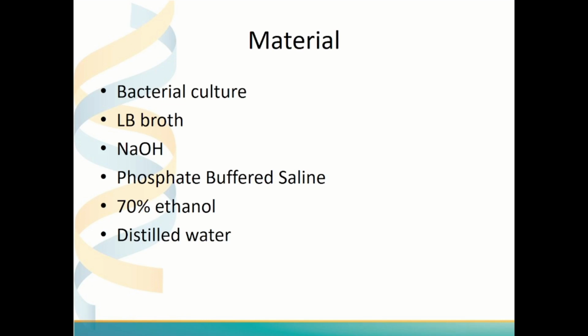Next, let's start with the main core of this laboratory. These are the materials that will be used in this laboratory. The first one is the bacterial culture, which is E. coli, and then LB broth, NaOH (sodium hydroxide), phosphate buffered saline, 70% ethanol and distilled water.